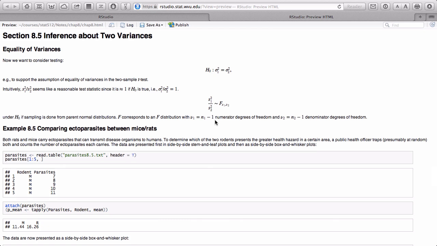And if they're close to 1, I should fail to reject. I conclude that the null looks pretty good. But if the ratio is way away from 1, that indicates that either S1 squared is bigger than S2 squared or vice versa. So it indicates that in terms of the parameters, the population variances differ one direction or the other. And so it turns out that under the null, and assuming normality, this is an F-test.